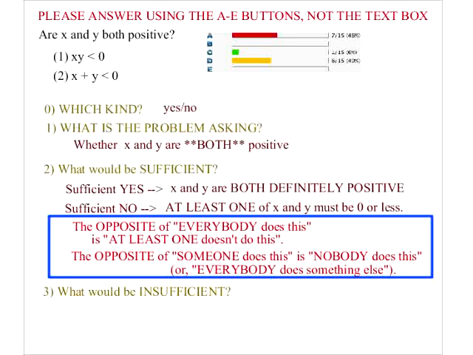Text box, please. Yeah, at least one case in which both numbers are positive. That's a yes. And at least one case in which one of them is 0 or less. At least one.